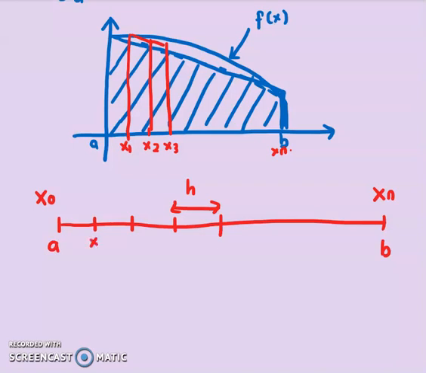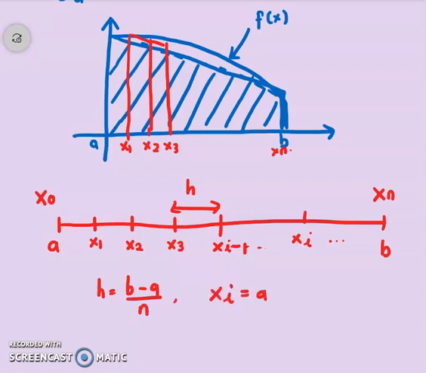So I have x1, x2, x3, up to xi minus 1, xi and xn minus 1, where h is given as b minus a over n, and xi equals a plus ih for i equals 0, 1, up to n.